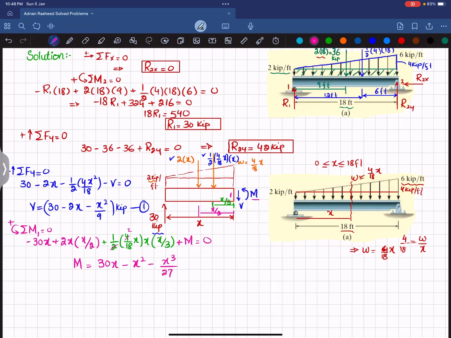This will be the moment equation, and the unit will be kips into feet. This is your equation number 2.